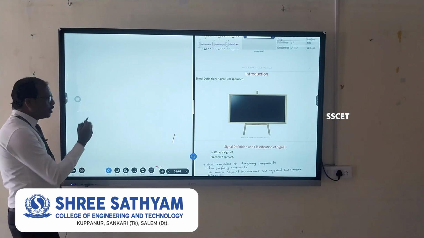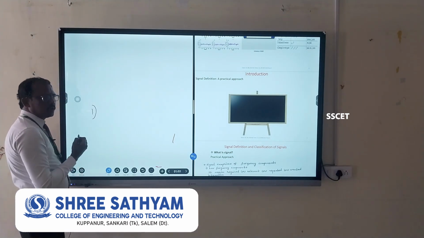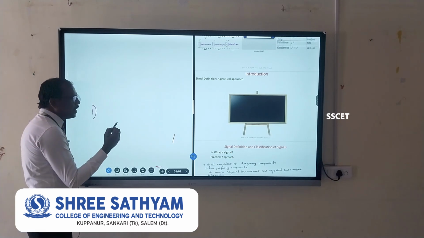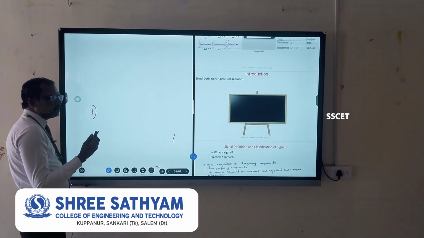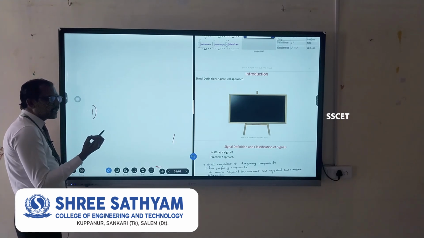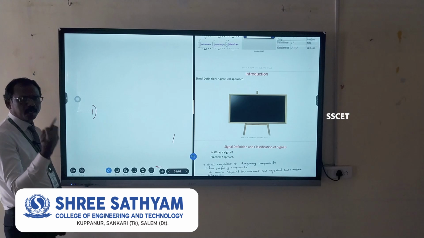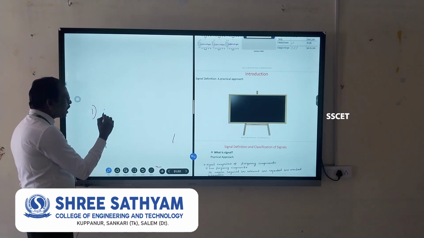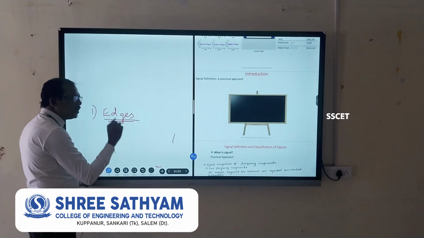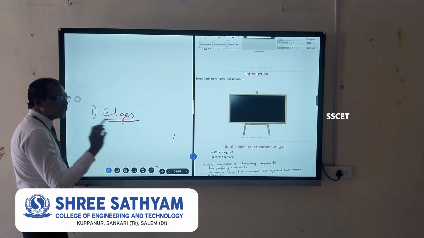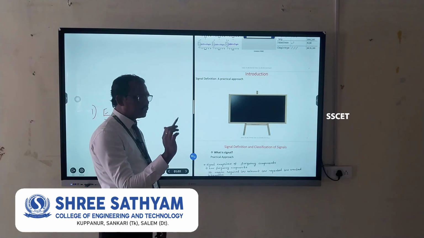One is a good frequency component which provides security or protection to the low frequency component. We know the low frequency component only carries original information or wanted information, so it lies at the edges. At the edges we have the frequency component. Such components are called high frequency component.